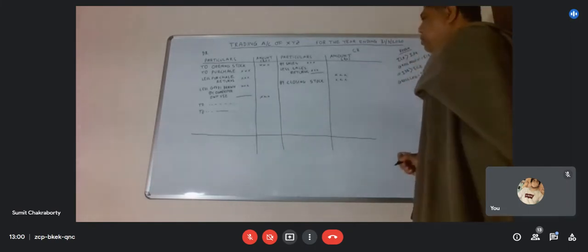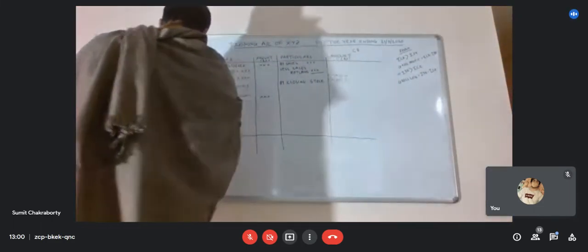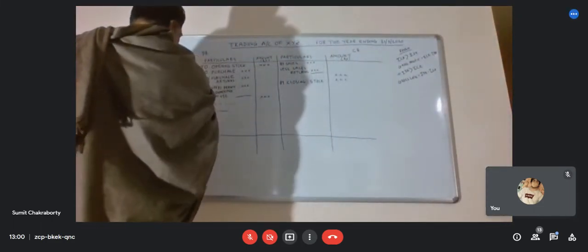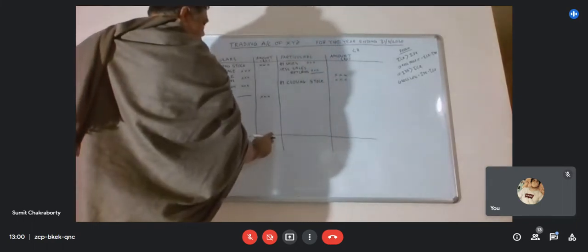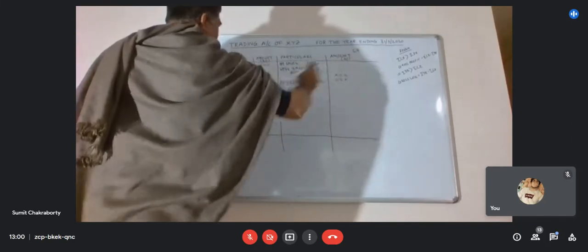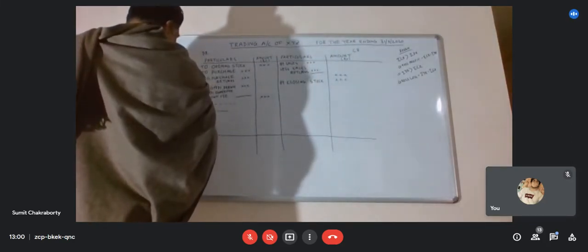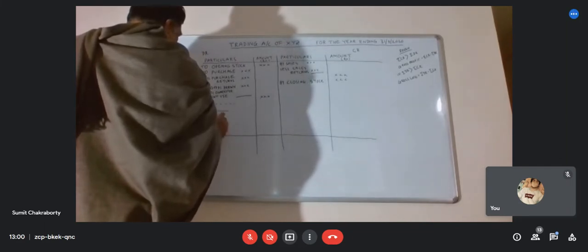Suppose there is a gross profit. So, to profit and loss account, gross profit transferred. I'm not writing the total right now.